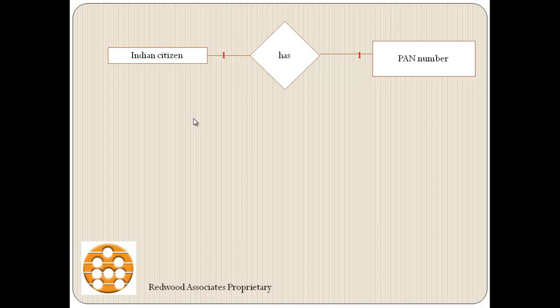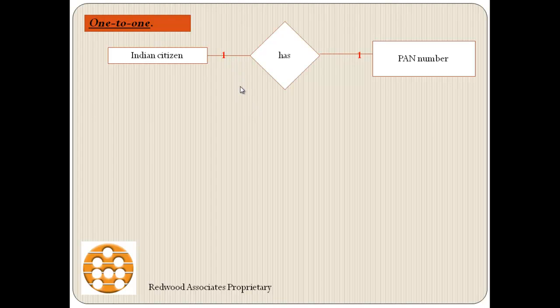So, this represents something which is known as a one-to-one relationship. So, if you have to define one-to-one, it means that an entity in A is associated with at most one entity in B. Also, an entity in B is associated with only one entity in A. This is a one-to-one mapping cardinality.